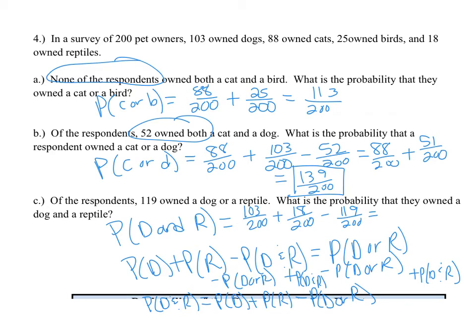And so we'll have 4 out of 200. I'm sorry, 104 out of 200.